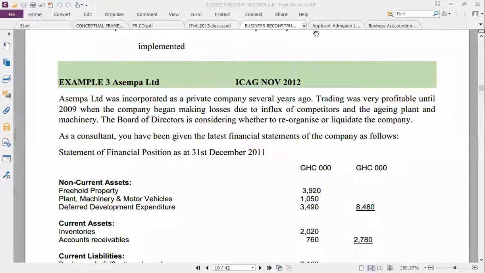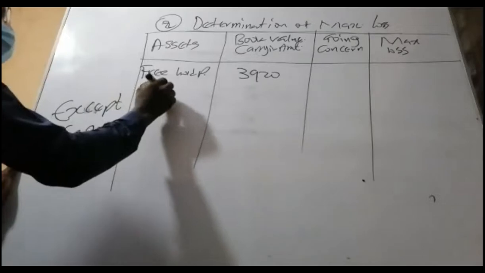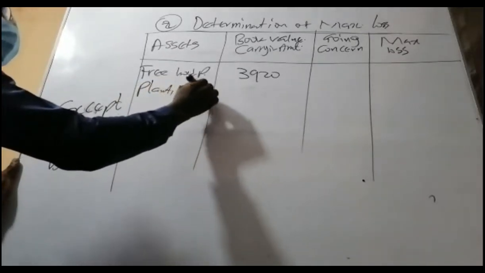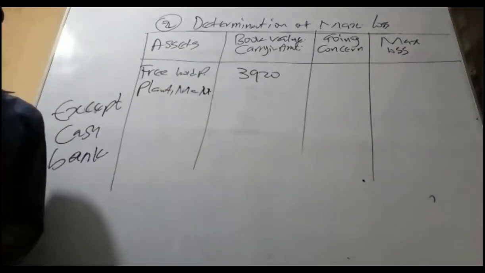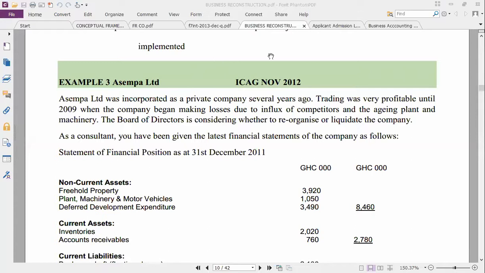Then I'll move on to the next asset on the list: plant, machinery, and motor vehicle. That one is 1,050. Or if you like, you can list the names first.